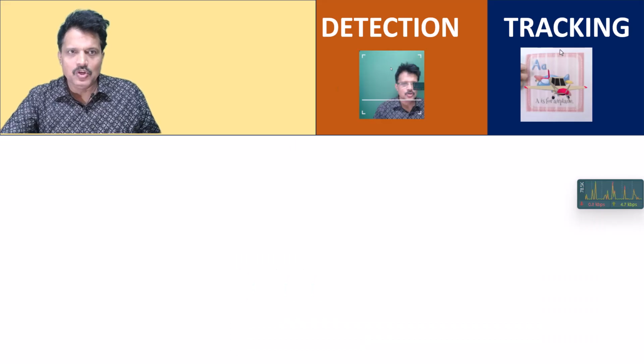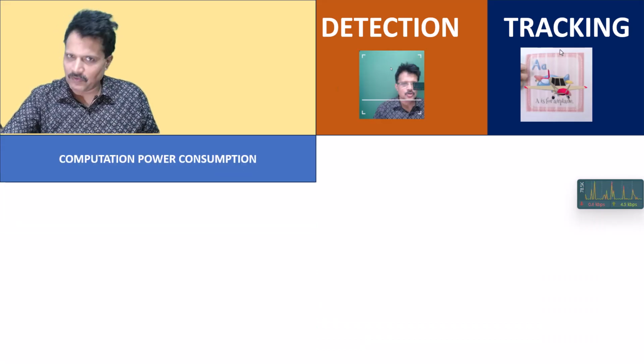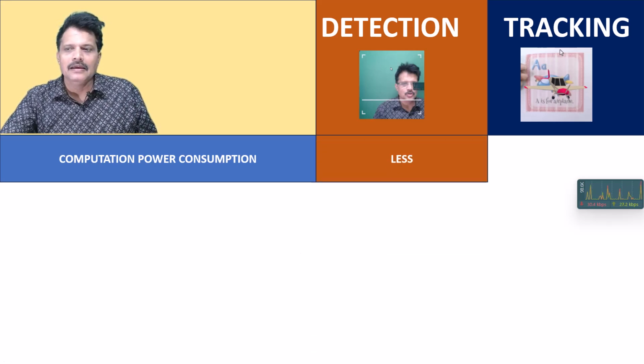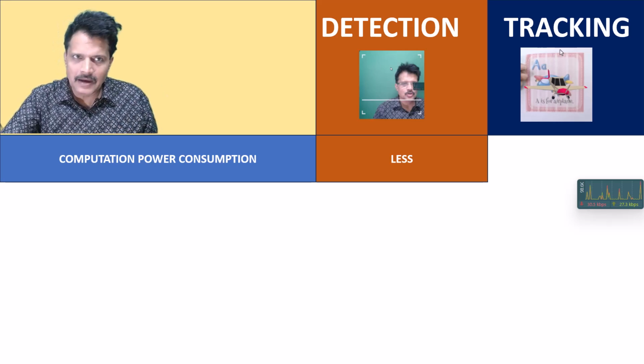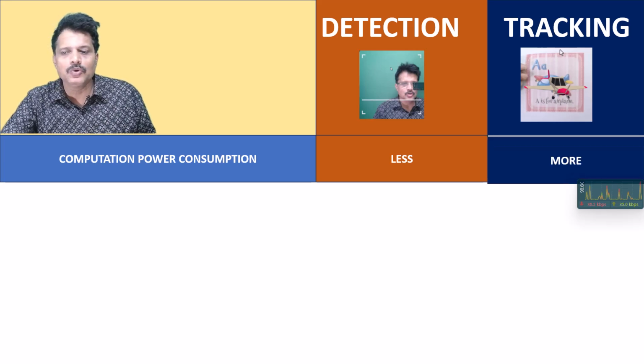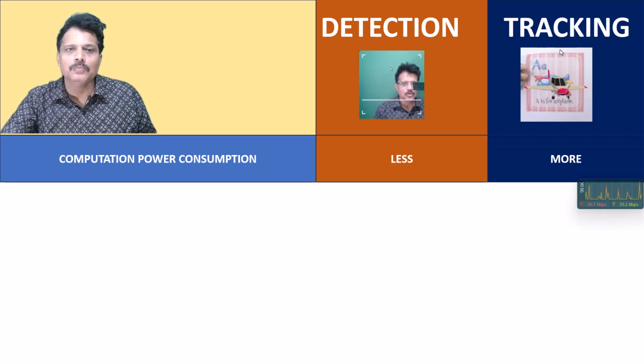In terms of computational power, detection is going to use less computational power, but tracking is going to consume more.